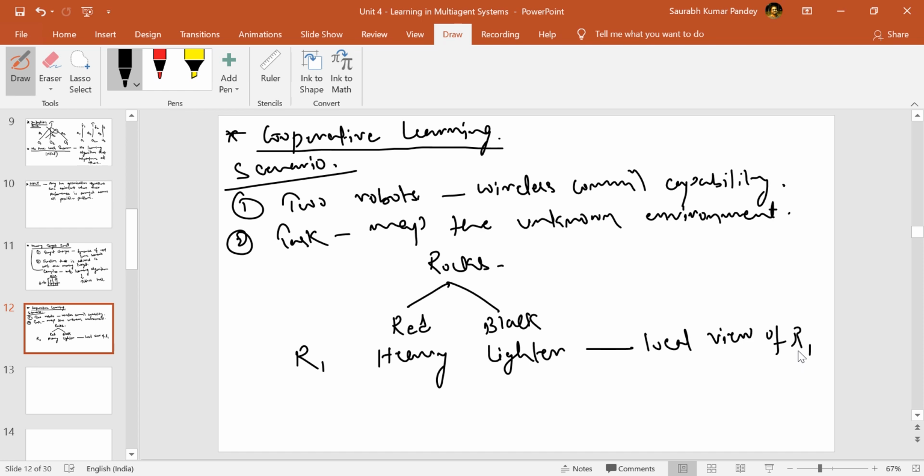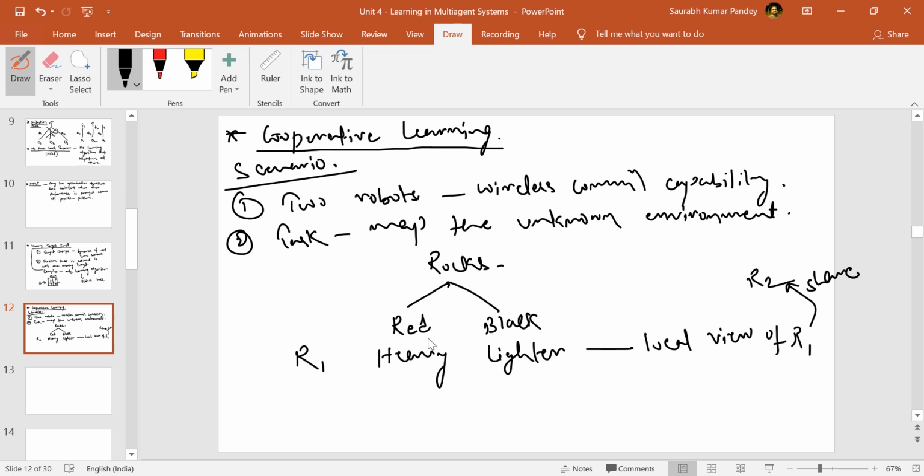What can R1 do? R1 can share this result with R2. So R2 understands that red is heavy, and I should not try to lift red because it has been shared with me by R1.